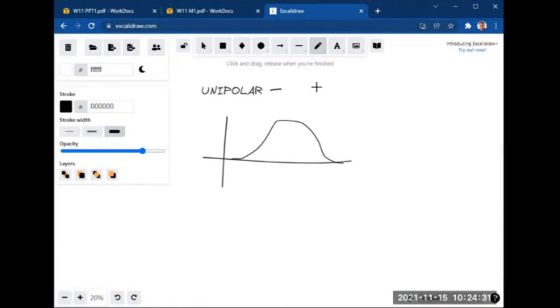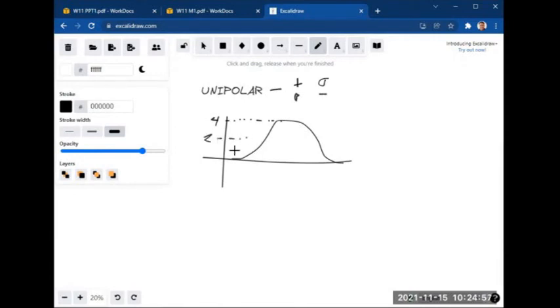Unipolar means the value is positive or zero, or zero and negative. So what does this mean? For example, this is 4 volts. The maximum amplitude here, or the maximum voltage, is 4 volts. So we will divide this voltage into 2, which is 2 volts.